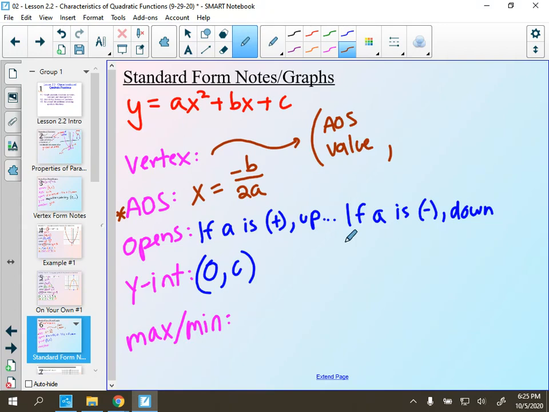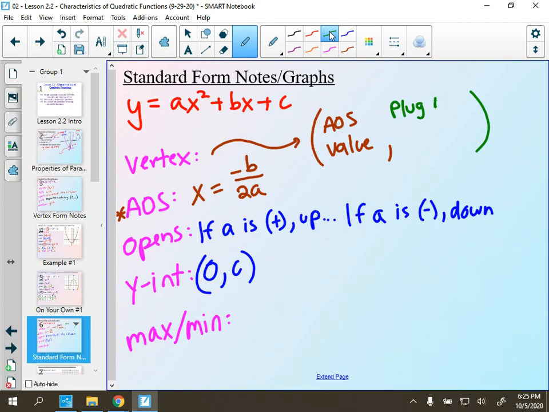How do we find the y-coordinate of the vertex? I have to crunch more numbers. I have to take this AOS value and plug it into the function. Let's keep it simple.